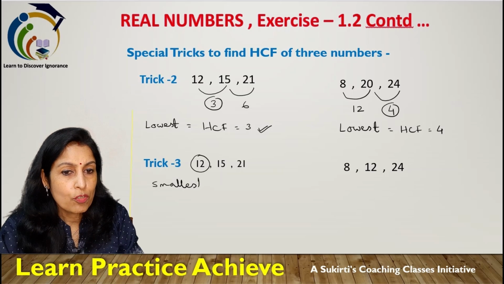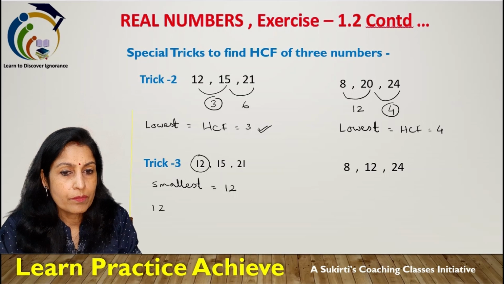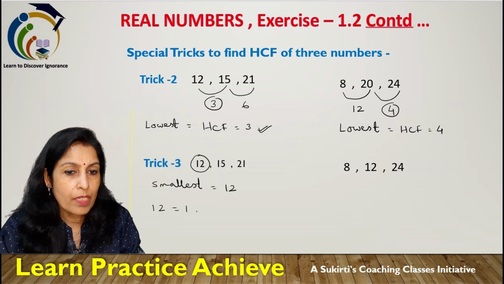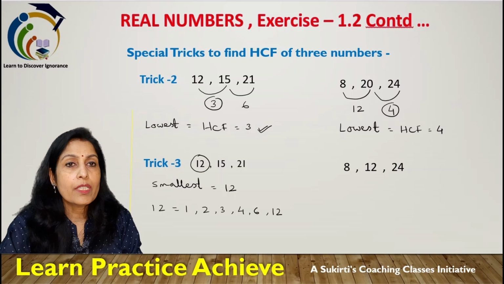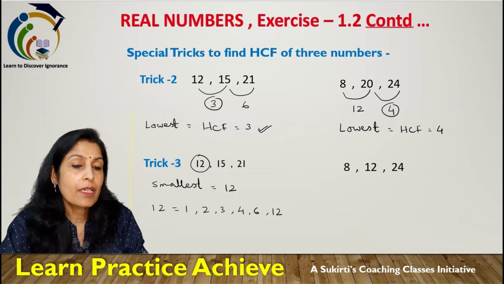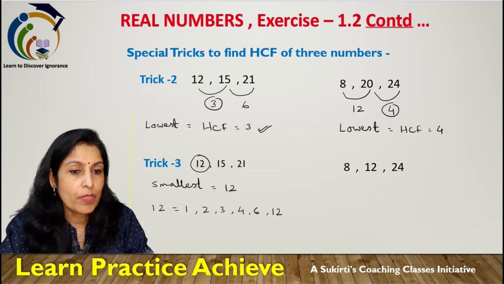Okay, so smallest number here is 12. Now factorize 12. So when you factorize 12, you will get 1, 2, 3, 4, 6 and 12. Okay. Now out of these factors, you have to check starting from the largest factor. So here the largest factor is 12.